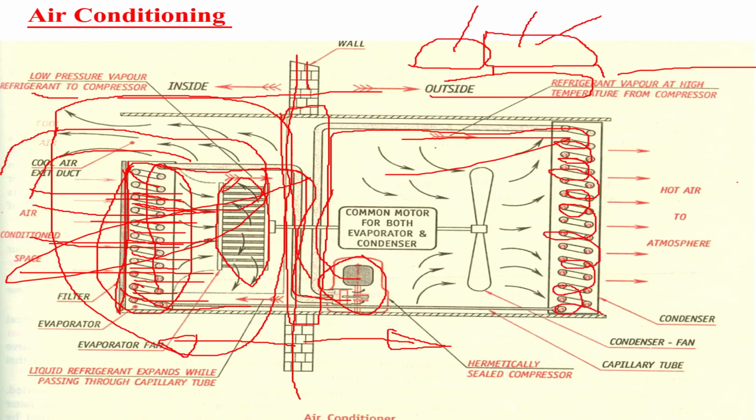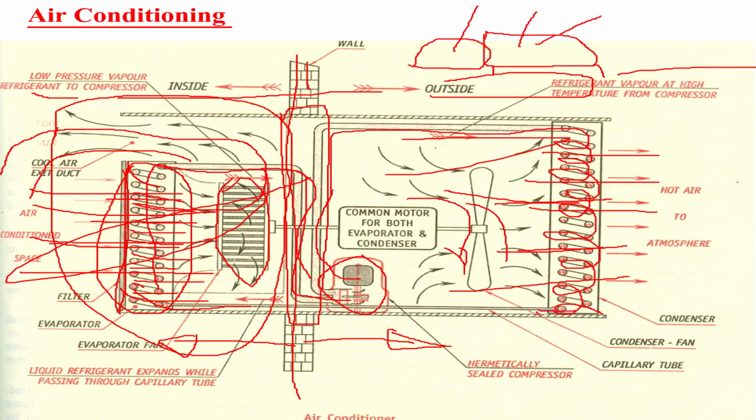Here it loses the heat to the atmospheric air. So again this fan rotates and pushes the air across the condenser coil, and heat is lost by the refrigerant to the atmosphere and it becomes liquid.